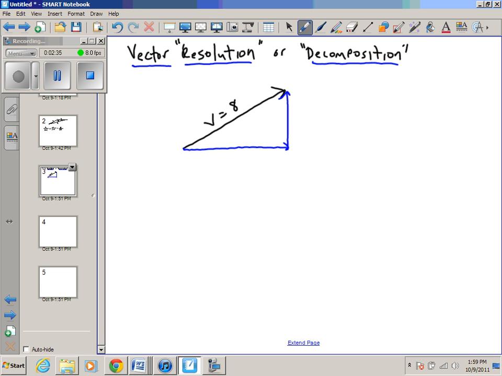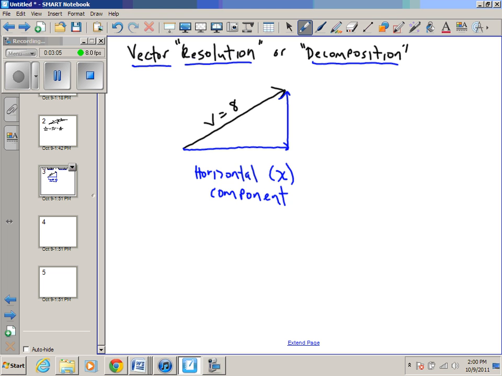So you can see this vector appears to be going a little bit more to the right than it is up. And these two arrows that I've just drawn, these two blue vectors, are the components of the vector v. The component that's going horizontal, we call the horizontal component, or sometimes called the x component, the horizontal or x component. X because you think of horizontal as being the x-axis.